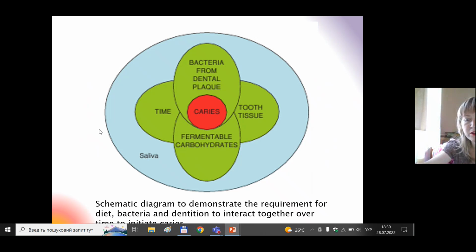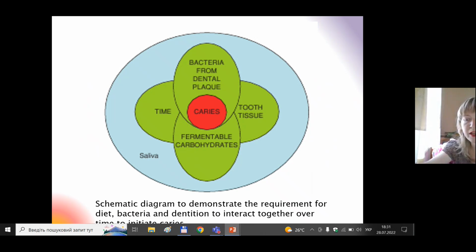And this outer circle is saliva. Saliva is the environment in which teeth and other organs of the oral cavity stay all the time. That's why saliva plays an essential role in either progression of tooth decay or remineralization of tooth tissues. We take such criteria into account when we talk about saliva: its pH, buffering capacity, composition, and flow rate.